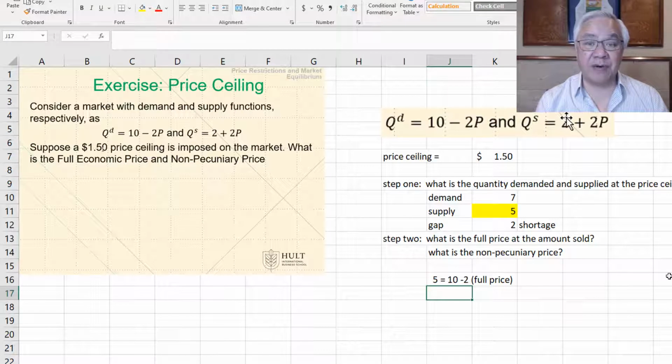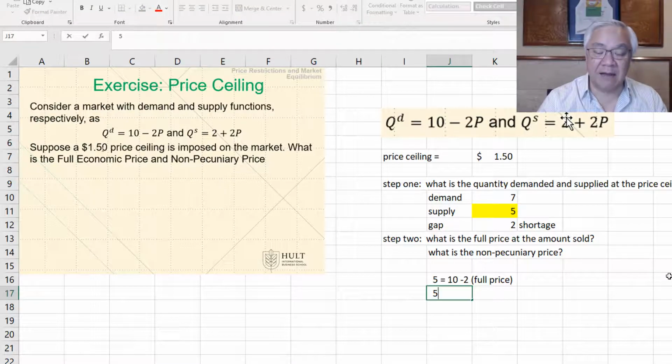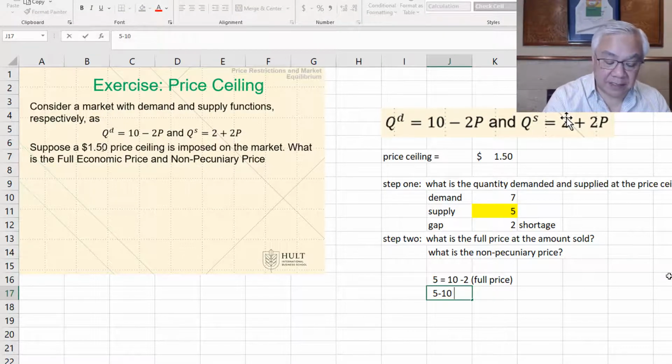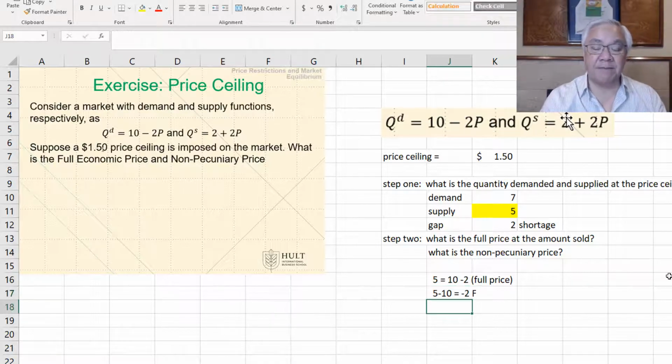So let's solve this algebraically to compute full price. Let's put the like terms on each side. So on the left side, we have 5 minus 10. The right side, we have equals negative 2, and we'll just call it f. Okay. So on the left side, we have negative 5 equals negative 2f.